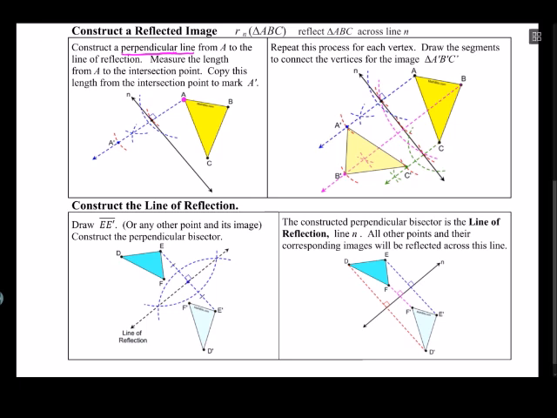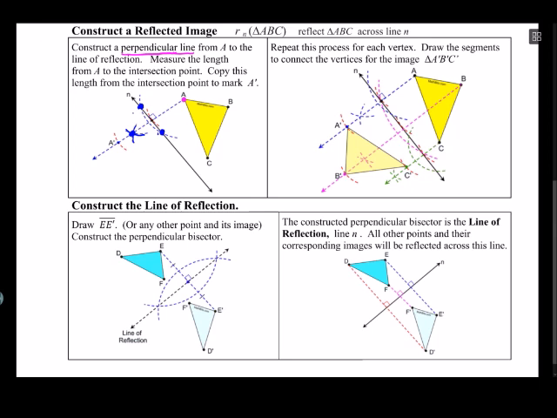The first thing we do is we draw a circle that intersects our line, and then we use those points to create a perpendicular bisector. So here is our perpendicular bisector of our created segment.